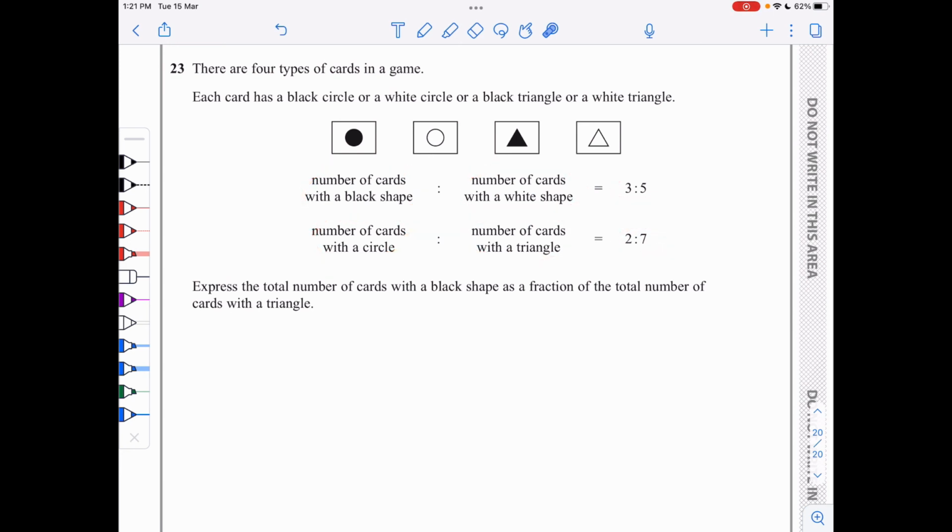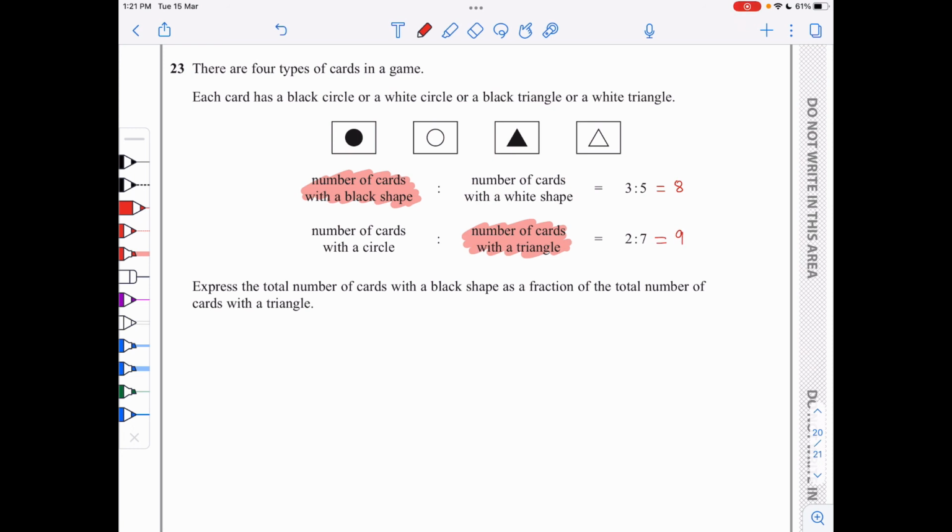I have to express the total number of cards with a black shape as a fraction of the total number of cards with a triangle. So somehow, I'm interested in this quantity and this quantity. And in order to make the ratios communicate, we need to find the LCM. So 3 plus 5 is 8, and 2 plus 7 is 9.